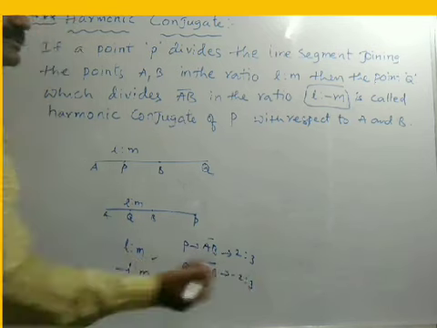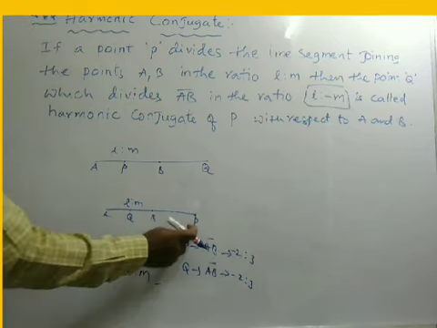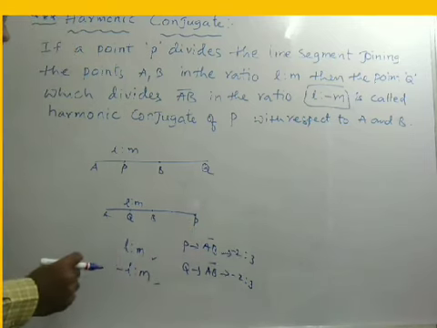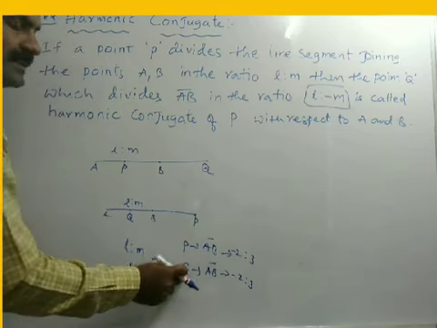That internal and external we show symbolically. Positive sign indicates internally, the negative sign indicates externally. If P itself divides in the ratio minus 2 is to 3, sometimes P can be outside also, isn't it? Then Q will be minus of minus 2, which is nothing but plus 2. Hence Q divides AB in the ratio 2 is to 3.